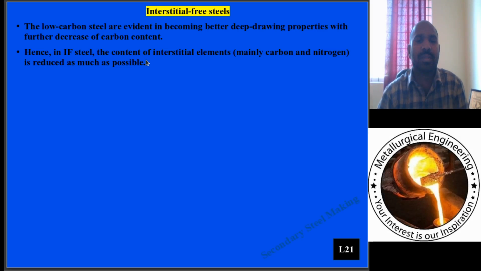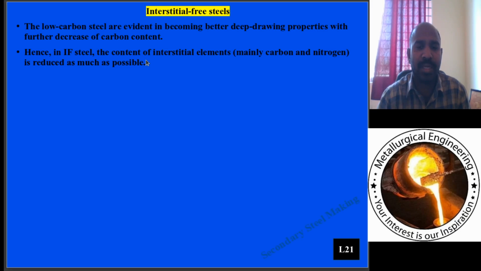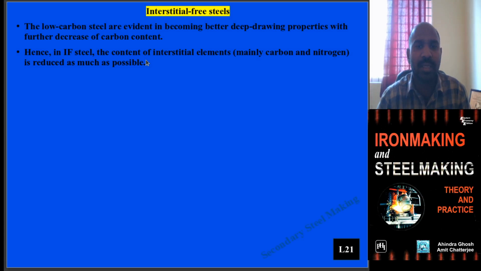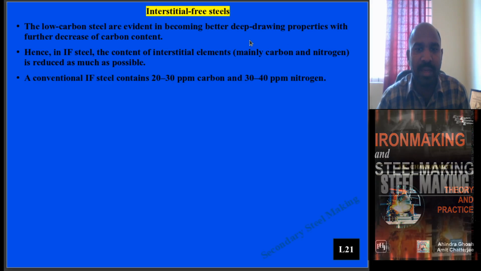These interstitial elements could be not only carbon but also nitrogen, and they should be reduced as much as possible to achieve this deep drawing property. This is an important point to be noted.